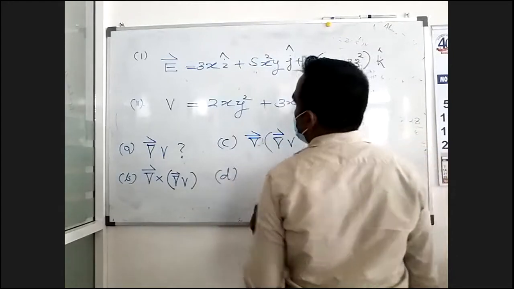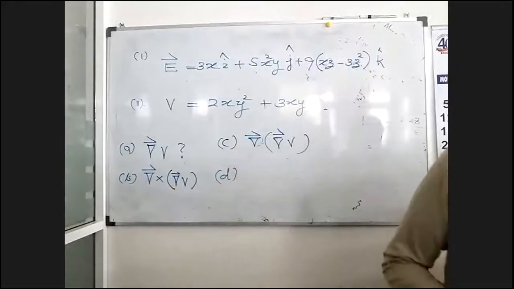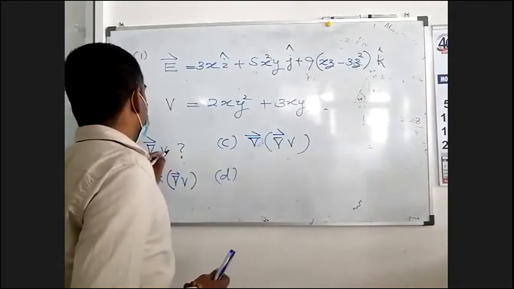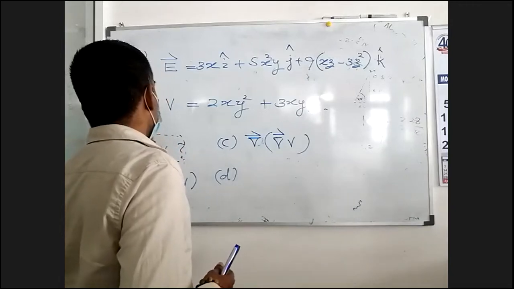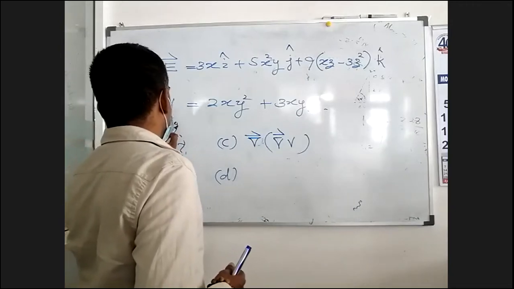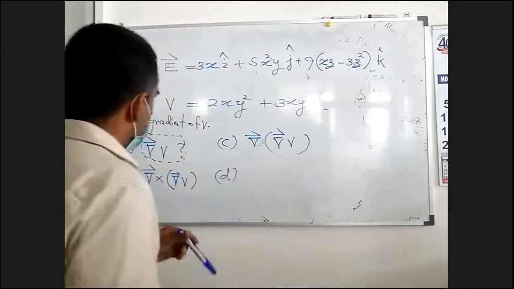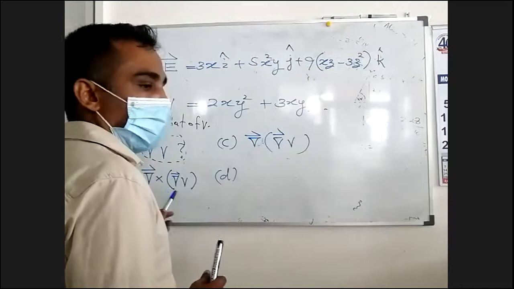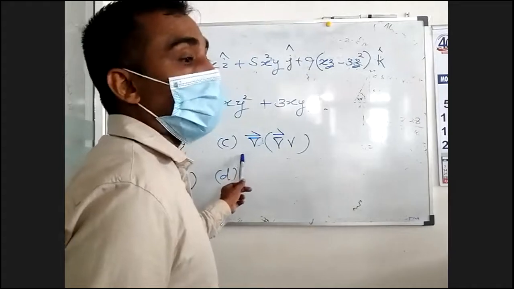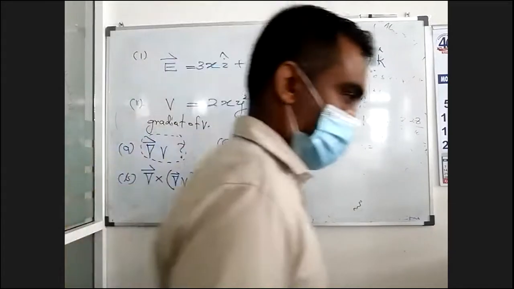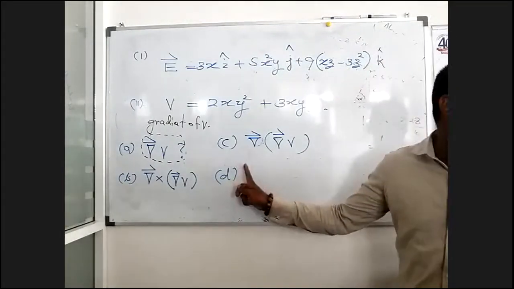I will label the terms. This is called the gradient of V. This is called the curl of the gradient of V. This is called the divergence of the gradient of V.